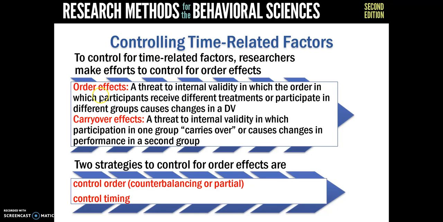these two. One is called order effects, and the other is carryover effects. Order effects: if you have more than one treatment, the order in which they go could be very important to how your data shows up. So you want to make sure that the order doesn't matter. For each participant, you might want to mix up the order.